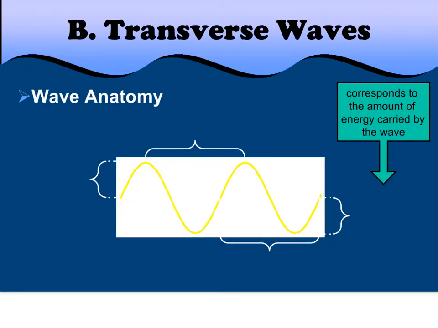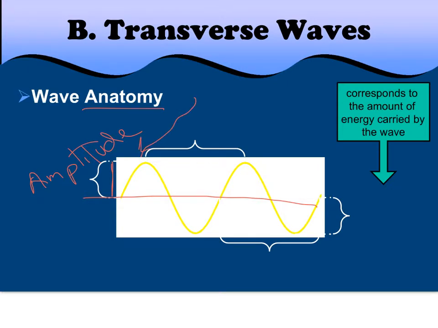You also need to be familiar with wave anatomy, and you need to be able to label the parts of a wave. And so in this example, we're going to first look at amplitude, which is simply the height of the wave from the center line to what we're going to call the crest of the wave.